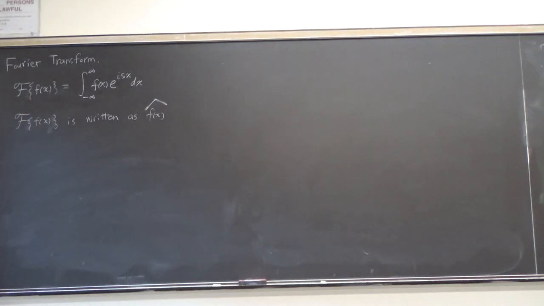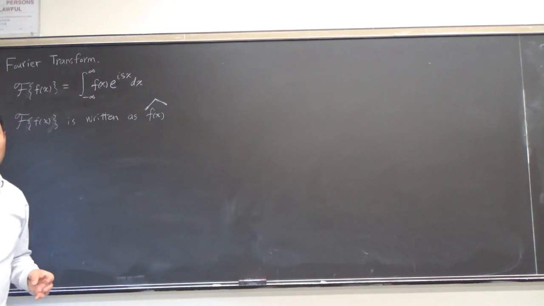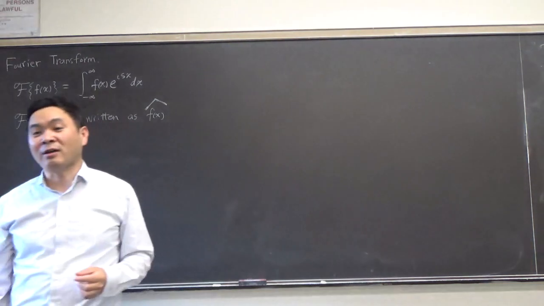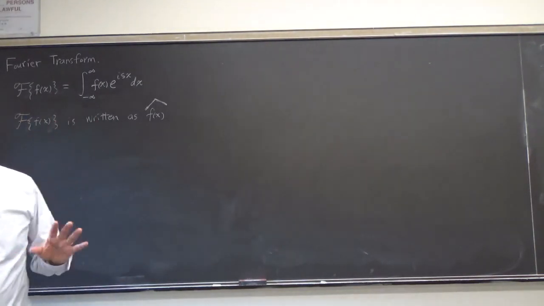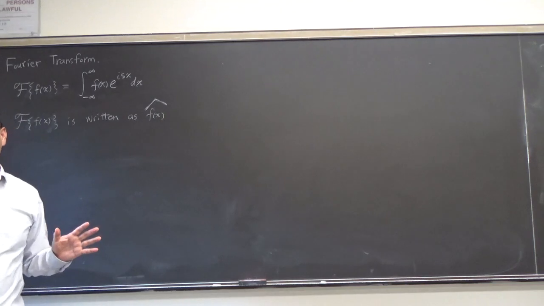So in computer science, where no functions are defined from negative infinity to infinity, people just call the regular Fourier series the Fourier transform. So often you hear something like FFT, fast Fourier transform, in computer science. They really mean the Fourier series, not the Fourier transform.